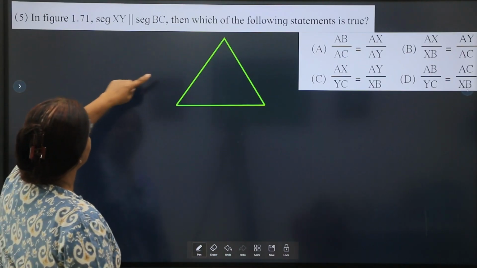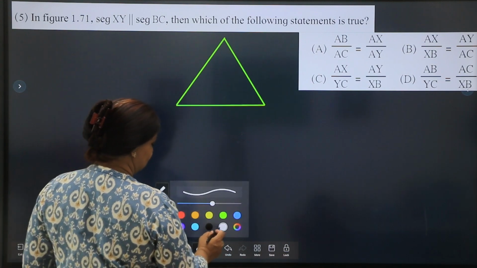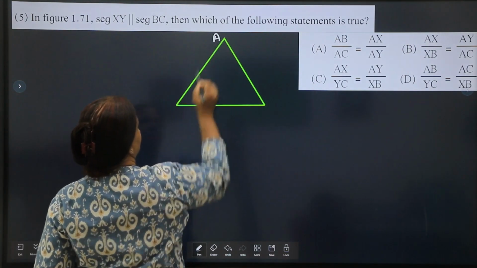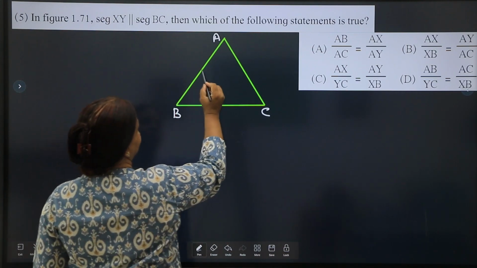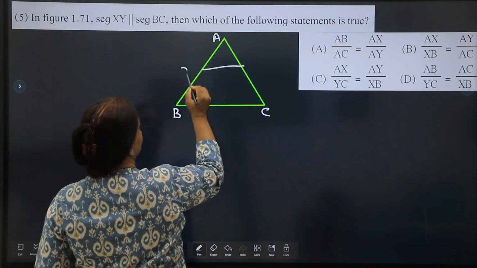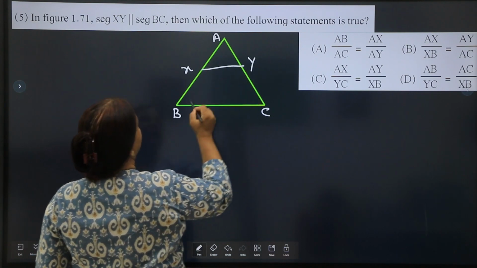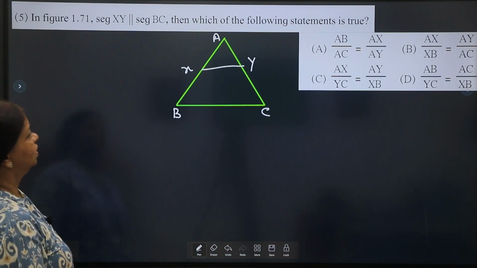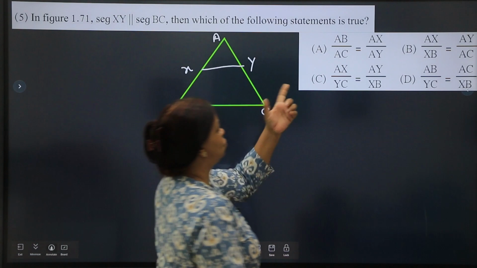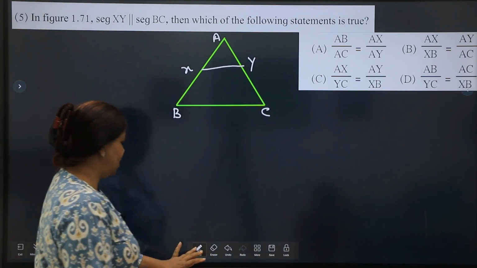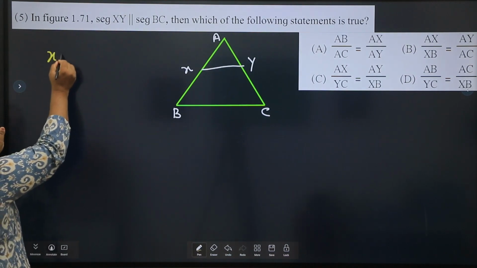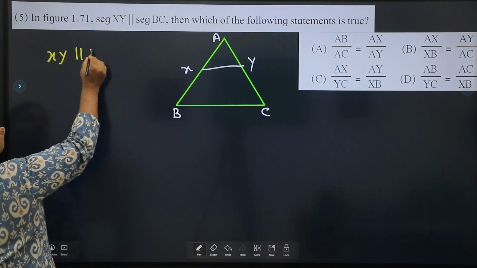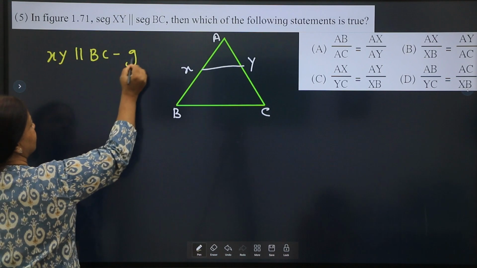The figure is of triangle ABC, XY is one line parallel to BC, given. Then which of the following statements is true? First of all, we will write down what is given. It is given that XY is parallel to BC and the reason is given.